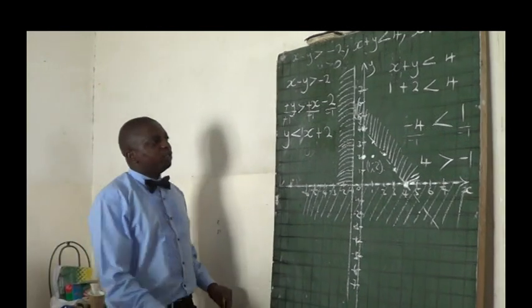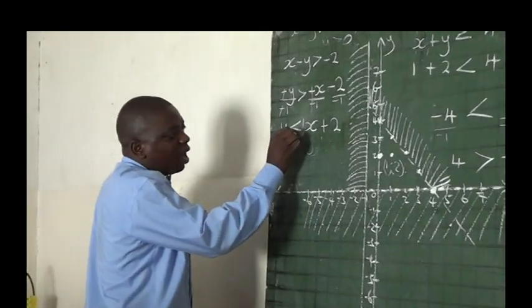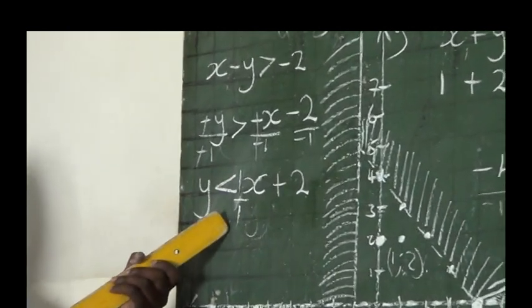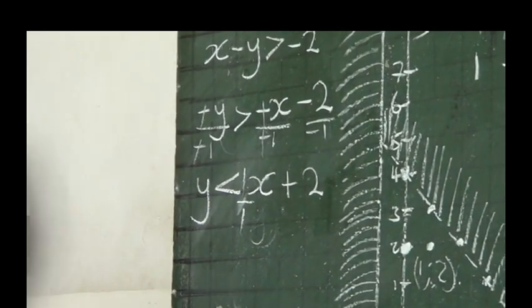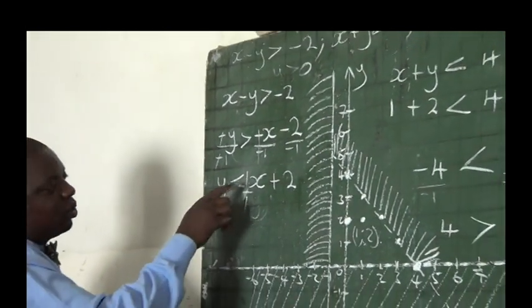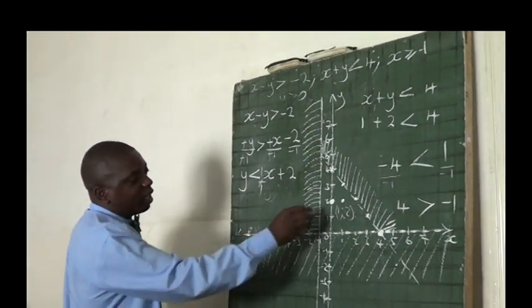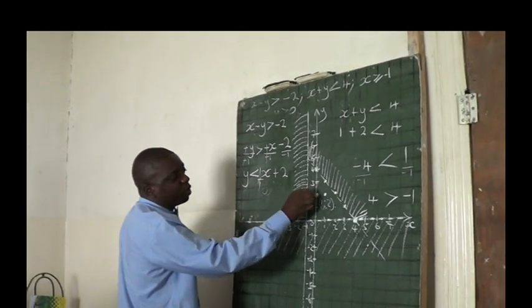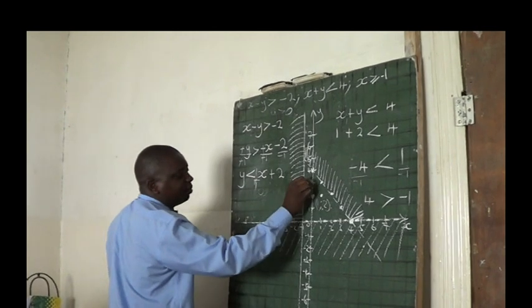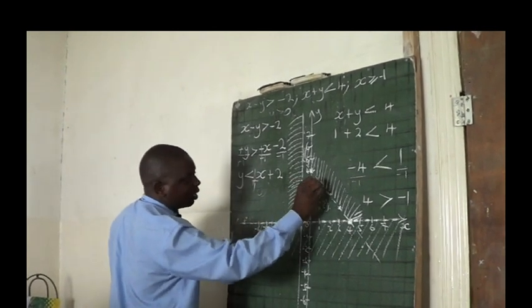And the gradient is 1. Altogether, when the gradient is 1, it's like a 1 over 1 ratio of the vertical distance to the horizontal distance. So we are saying y is equal to 1 over 1 x plus 2. Starting from the y-intercept 2, the gradient is 1 over what? 1. You move 1 vertically, then 1 horizontally.